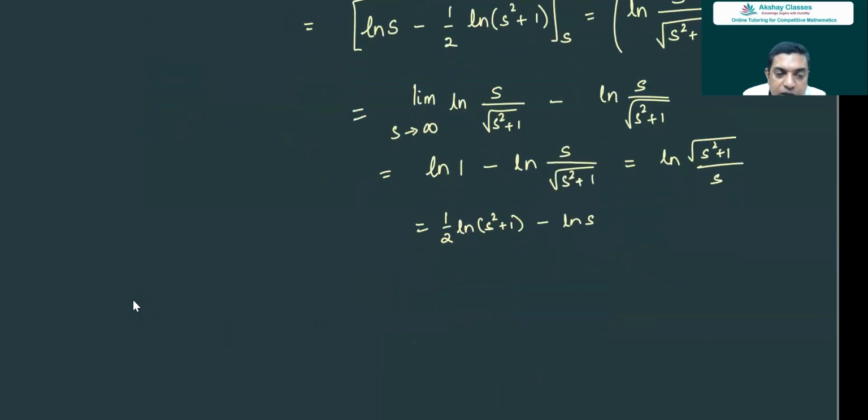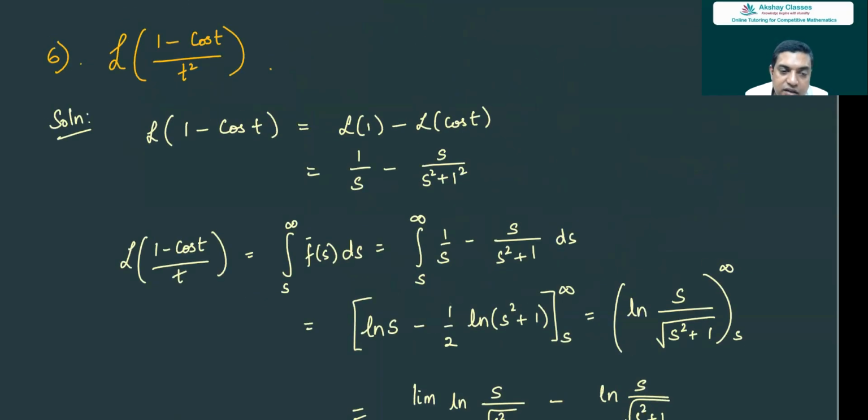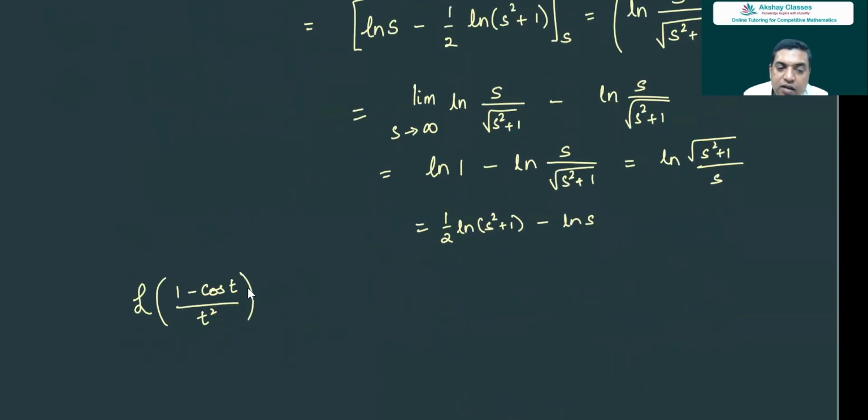Now, the Laplace transform of 1 minus cos t by t square. To this transform, again, we divide by t, which means we will have to integrate this result.